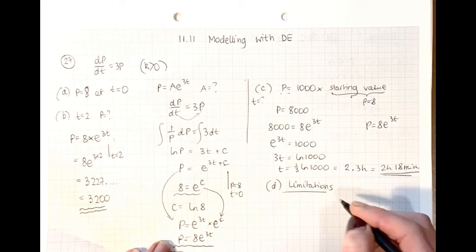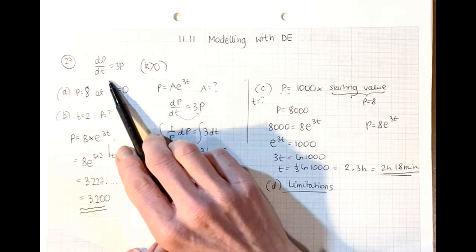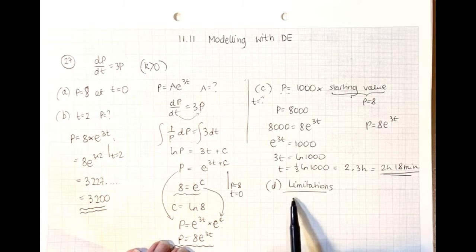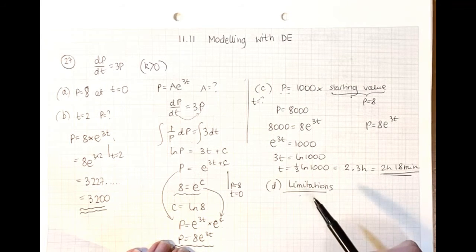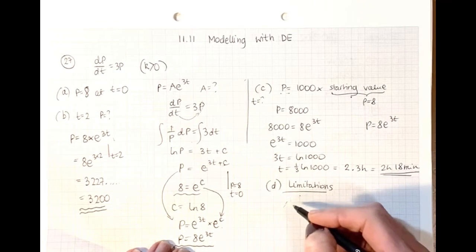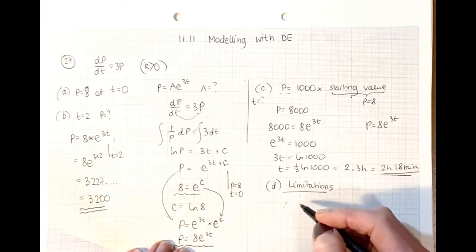Okay, what are the limitations? So this is the exponential model. Microorganisms could not really increase in this exponential way for an unlimited time, because of illness, lack of space, food.